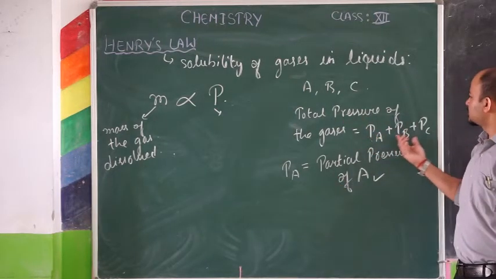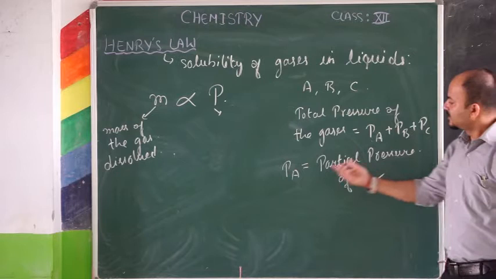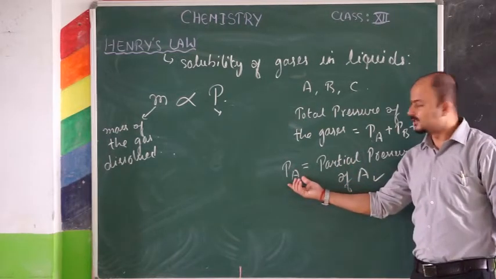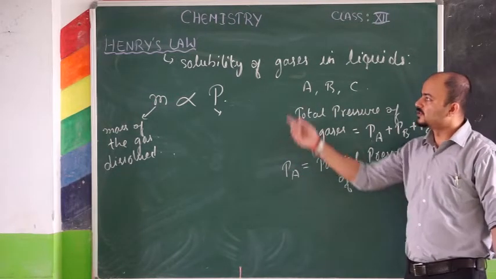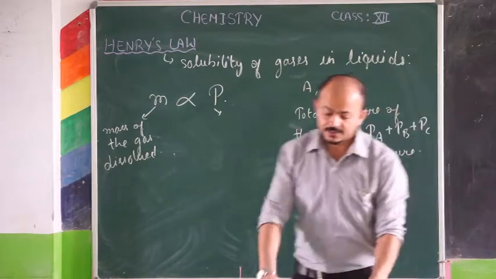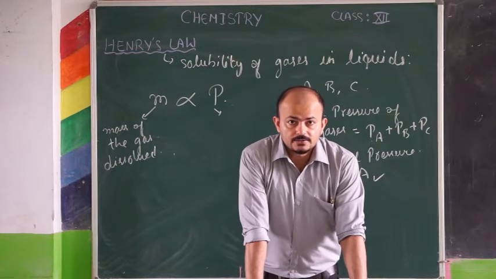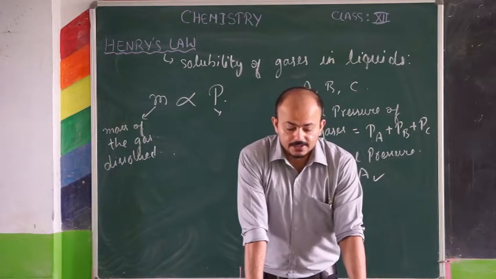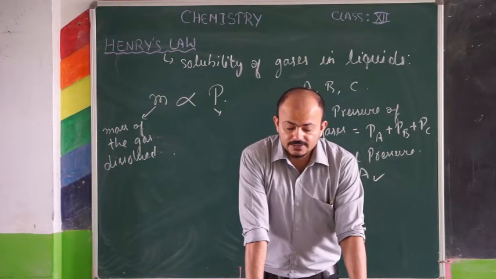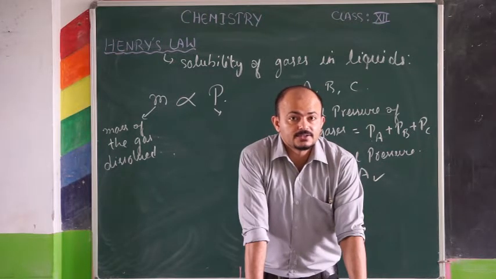So whenever you have many gases dissolved in a liquid, the total pressure will be equal to the sum of the partial pressures of each component, and the partial pressure here can be calculated by using Henry's law. So please listen to it. When many gases are dissolved, Henry's law can be applied. The mass of each gas dissolved is directly proportional to its partial pressure.